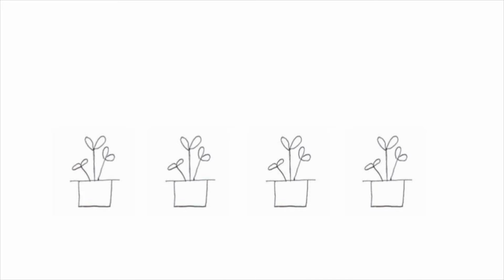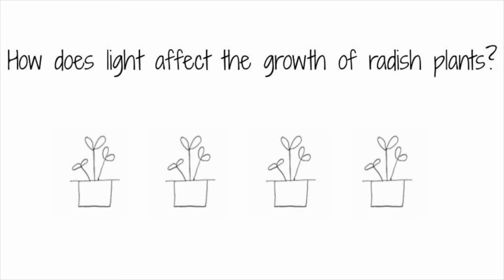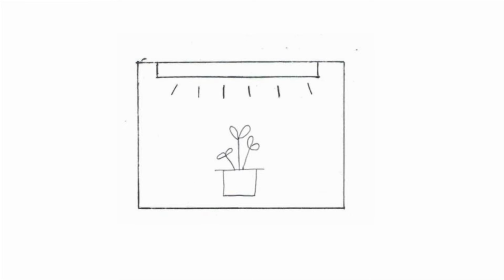First, let's talk about the radish plant experiment discussed in our previous videos. This experiment contained 4 plants, each placed in a different environment, exposing them to different amounts of light. In this experiment, we are testing the growth of the plant under certain conditions over time. In the first condition, the plant was placed under an ultraviolet light for the whole experiment.